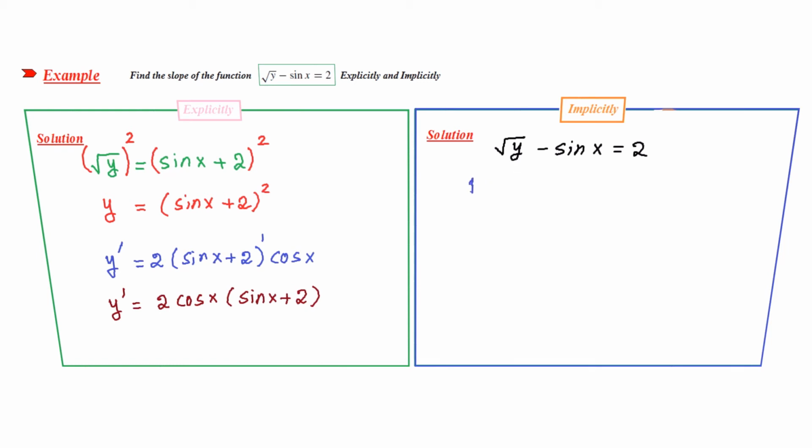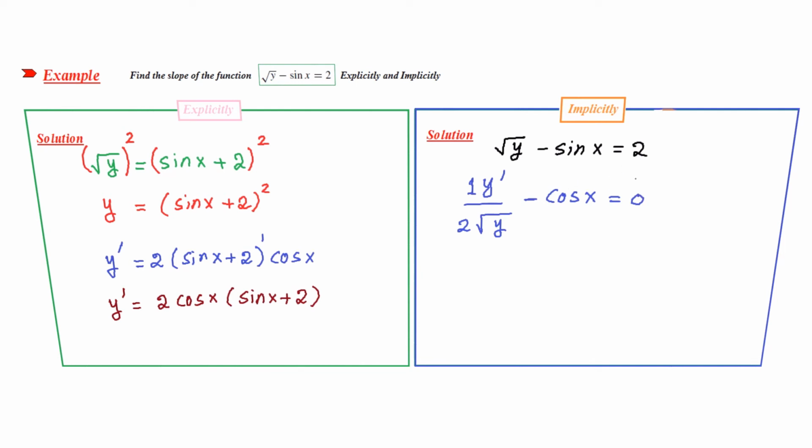So we have 1 times y prime divided by 2 multiplied by the square root of the same function, minus sine x. You have to complete the differentiation. The derivative of sine x is cosine x, and on the right hand side we have 2, and the first derivative of 2 equals 0 since 2 is a constant.